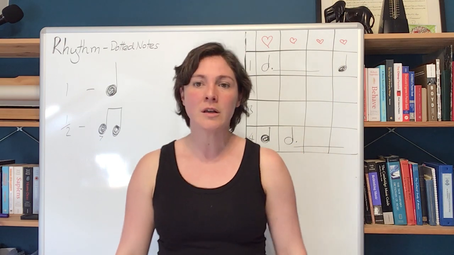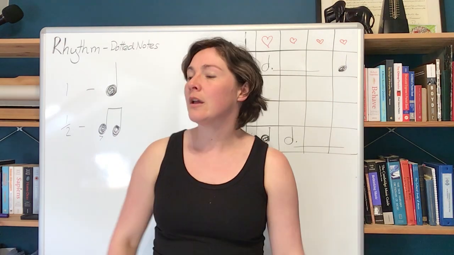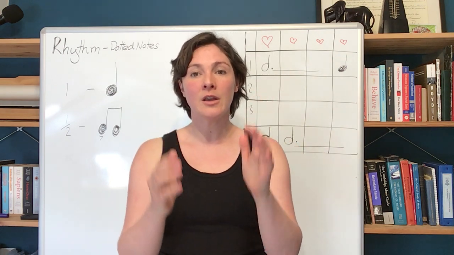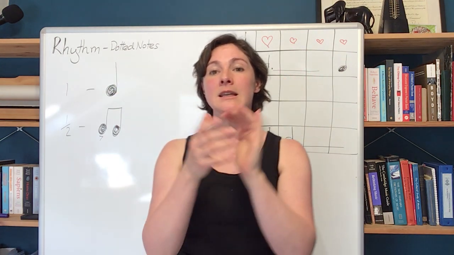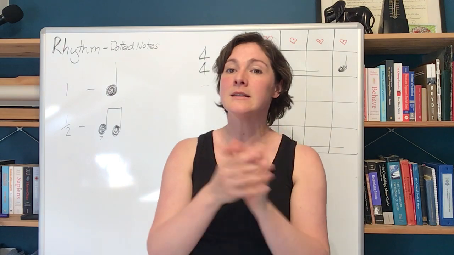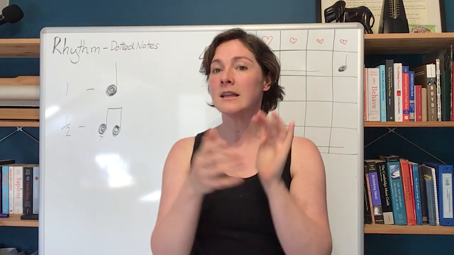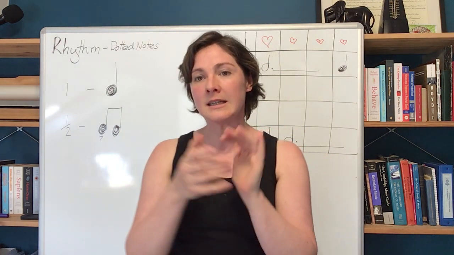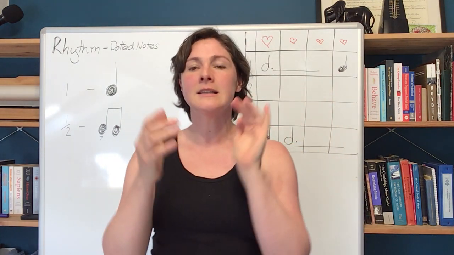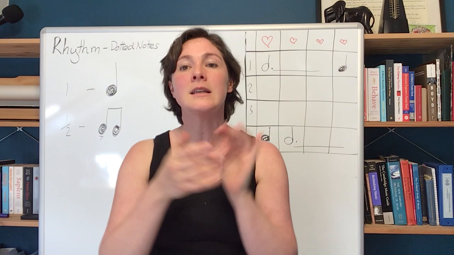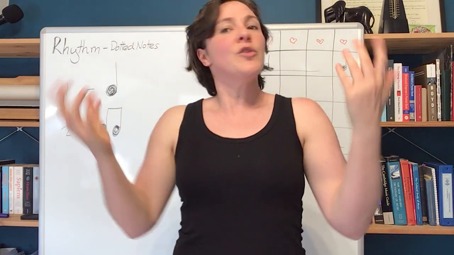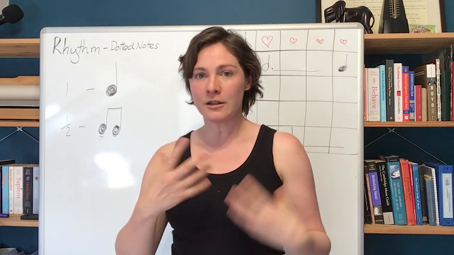So we're going to go 1, 2, 3, 4, 1, 2, off we go, and TT TT TT TT TT TT TT TT. And immediately that just feels more musical and lively and logical.